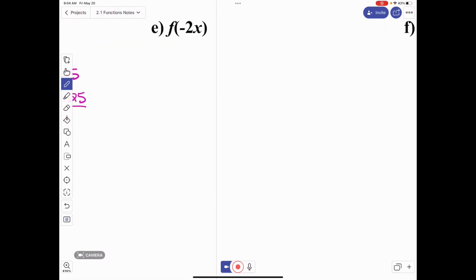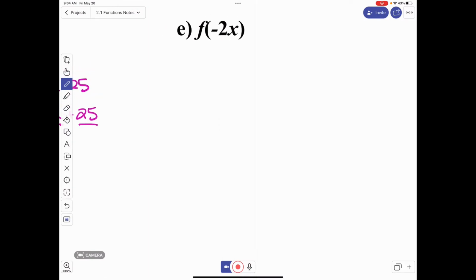All right, for E, I'm going to plug in a negative 2x. So negative 2x squared plus 5 times negative 2x. Okay, so again, make sure you square this first.